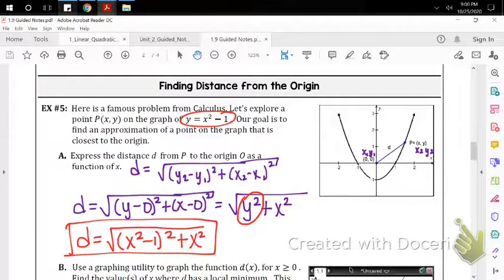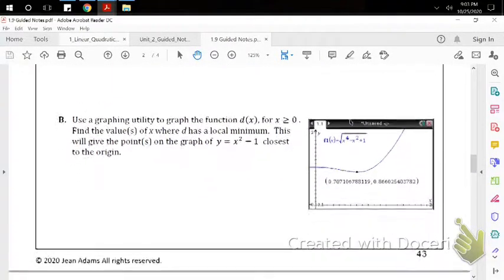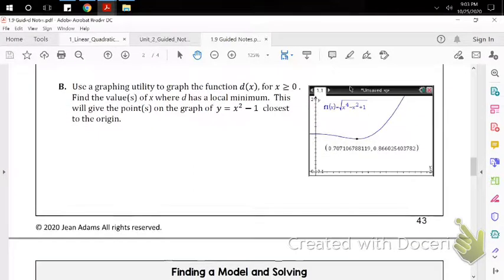Now when I go to hit graph, I'm going to move this up now. Wrong button. Okay, so when I go to hit graph, I do not see what they have on the other side there, okay? So let me see.